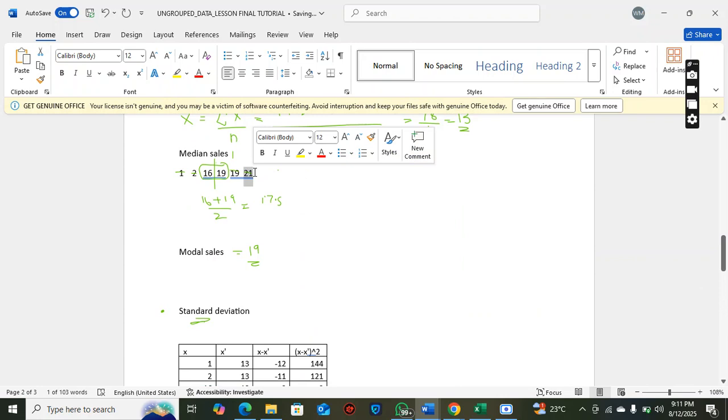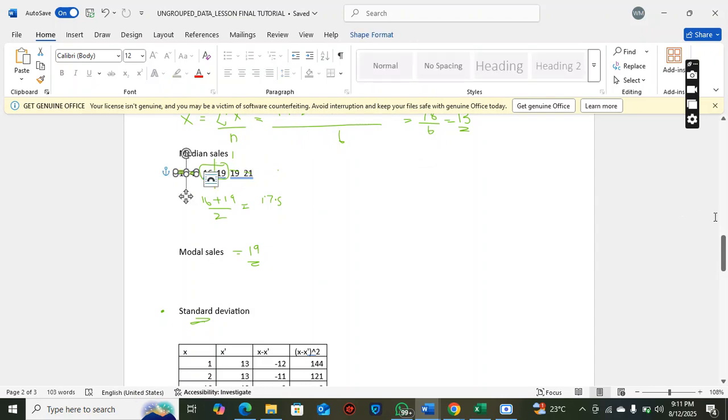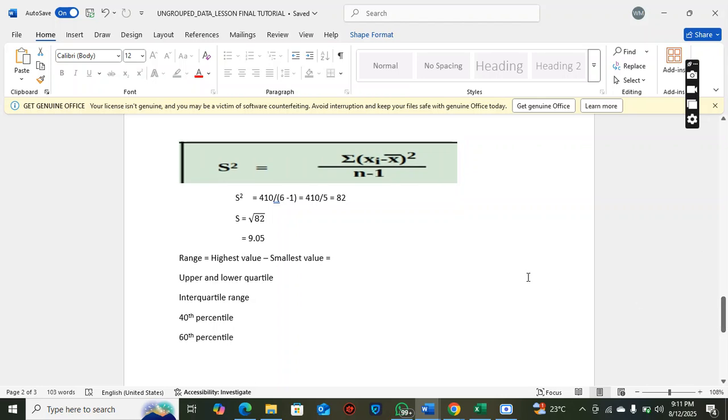Our lowest value is 1, sorry, not 20. In our range, 21 minus 1, that is 20. It's just showing you how wide your data set is.